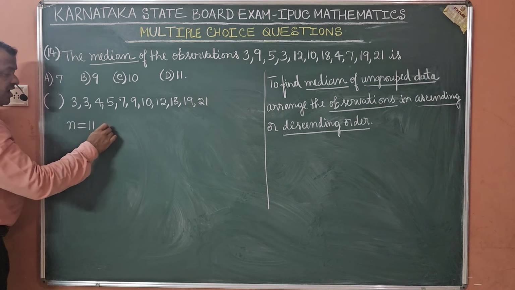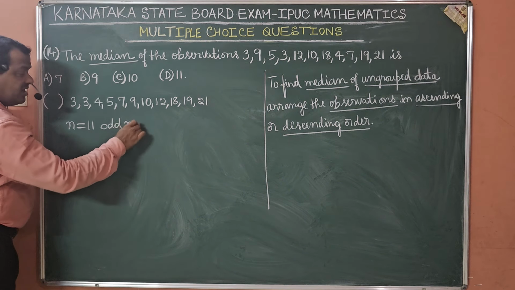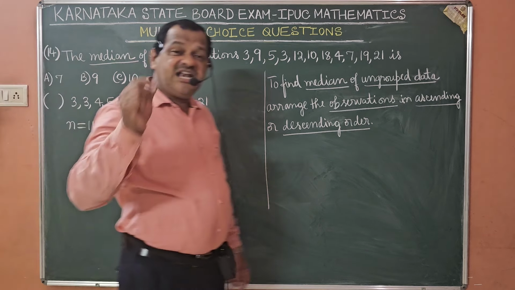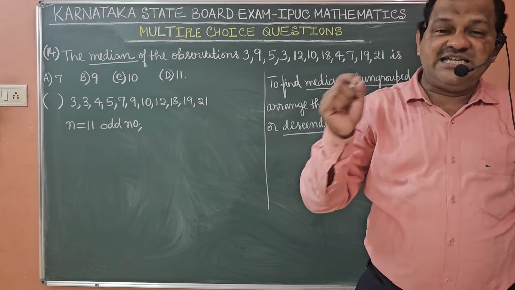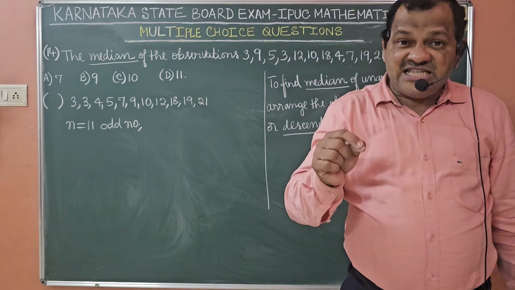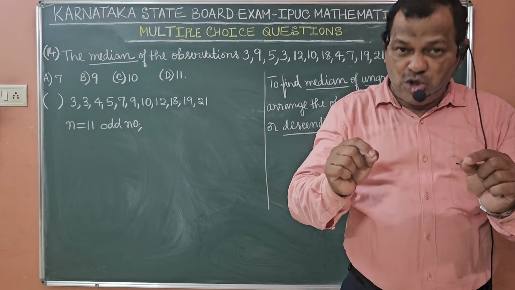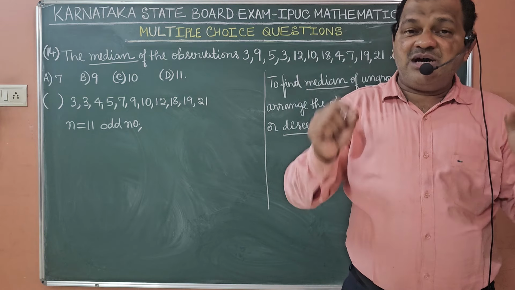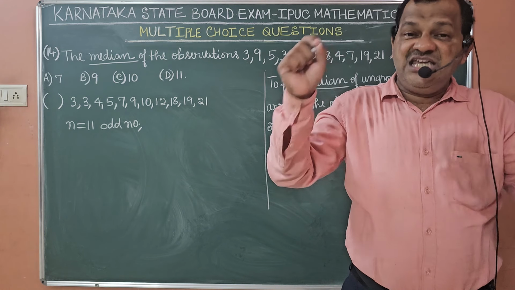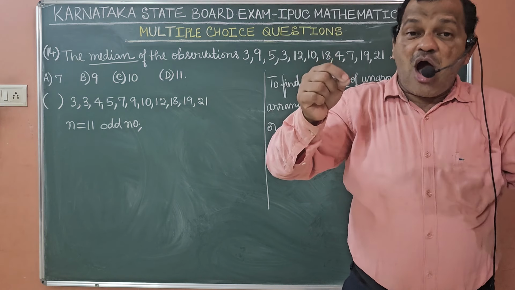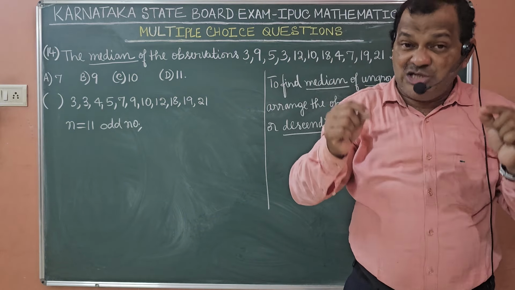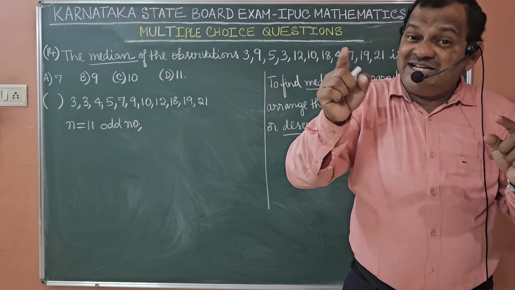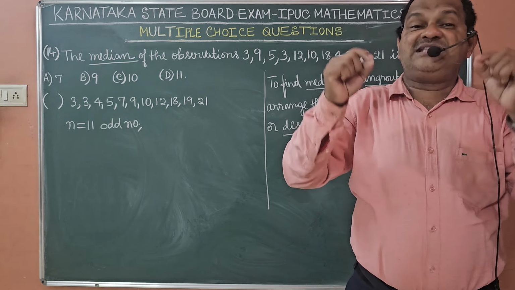11 is an odd number. Therefore, if the number of observations is odd, then the middlemost value is the median. And if the number of observations is even, then the average of the two middlemost values, average meaning add and divide by 2, will be the median.